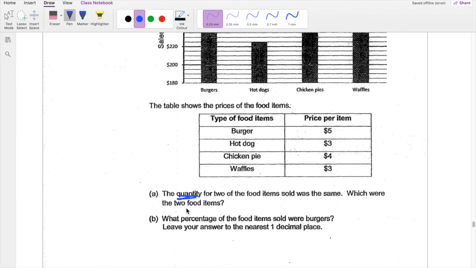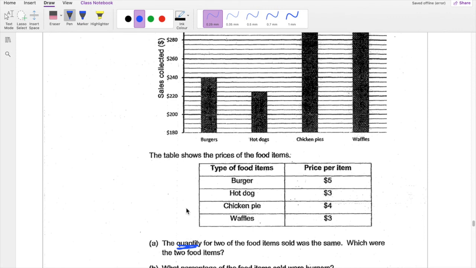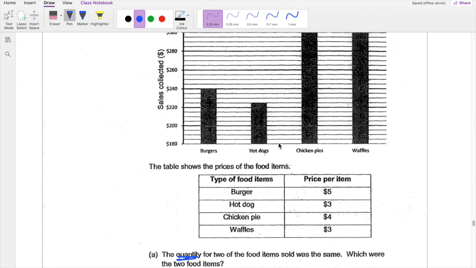So how do we calculate the quantity first? Well, for the burger, we need to calculate 240 divided by 5, which is 48. And for hot dogs, 225 divided by 3 gives 75.